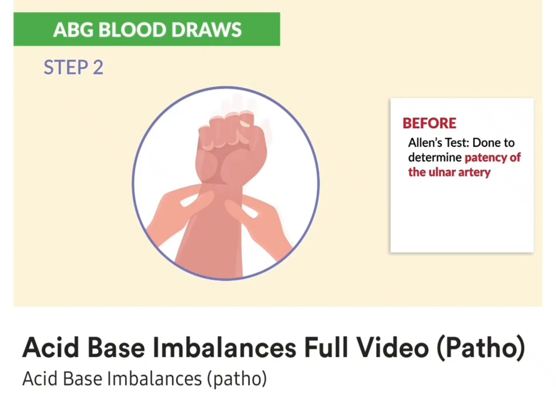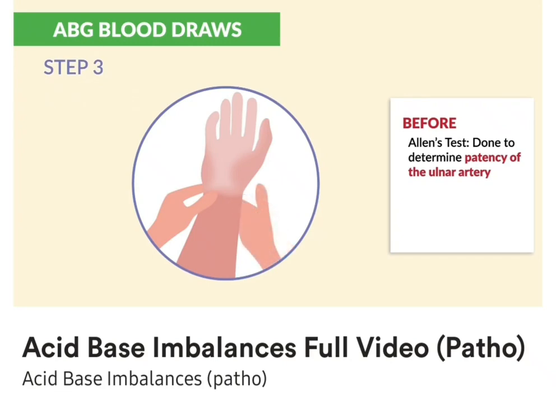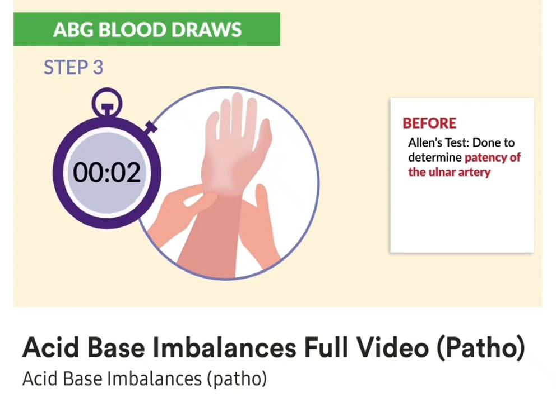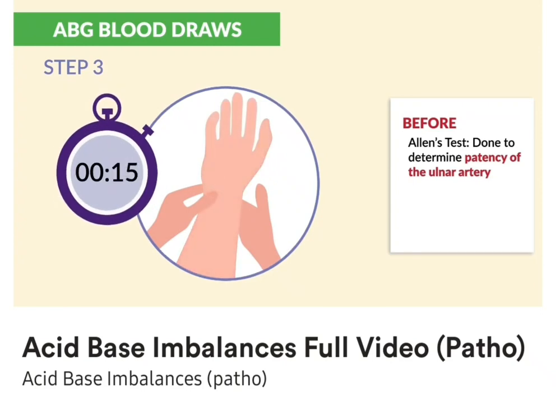Step 2, the palm is opened to reveal a pale palm from the lack of blood flow. And lastly, step 3, releasing the pressure on the ulnar artery first, the palm should regain its color in about 15 seconds or less. This indicates the key term, patency of the ulnar artery.